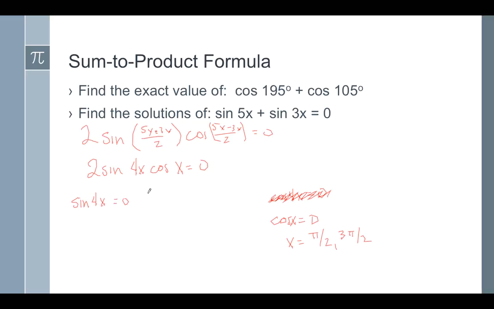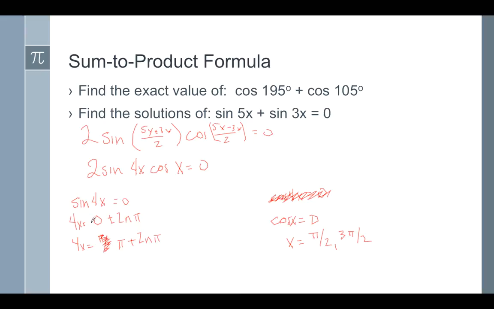It kind of goes back to what we did in section 7.2. 4x is going to equal 0 plus 2n pi, and 4x is going to equal pi plus 2n pi.